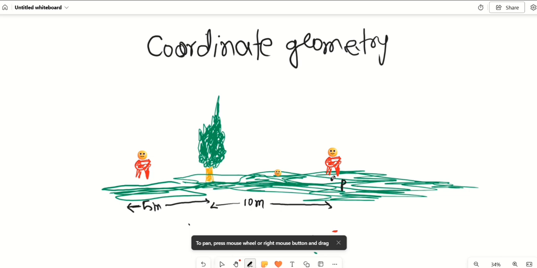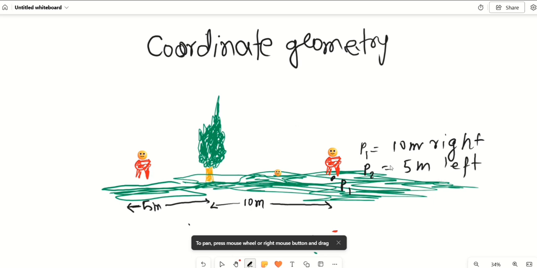Now you left this place and later you describe what your location was. You are going to tell your friend that my location was 10 meters right from the tree. Similarly, for your friend, 5 meters left.